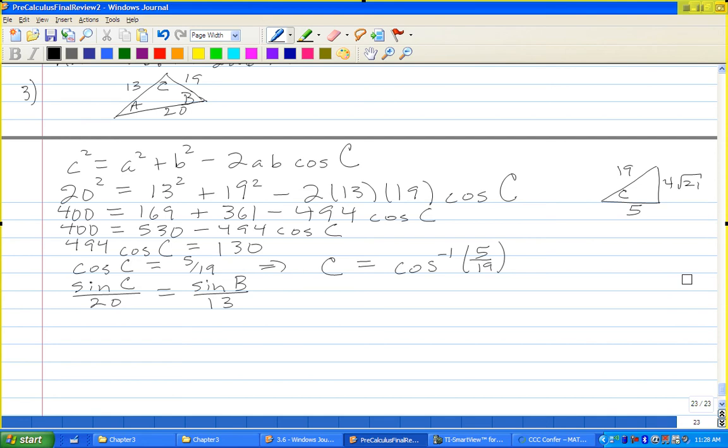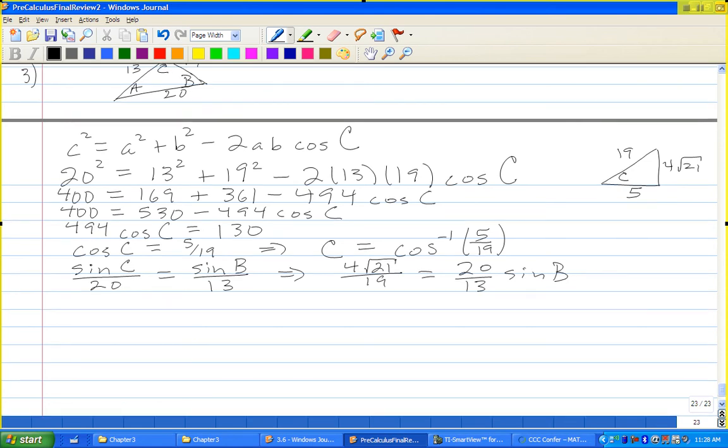And so I have that sine C is 4 rad 21 over 19 equals 20 over 13 sine B, just multiplying both sides by 20.